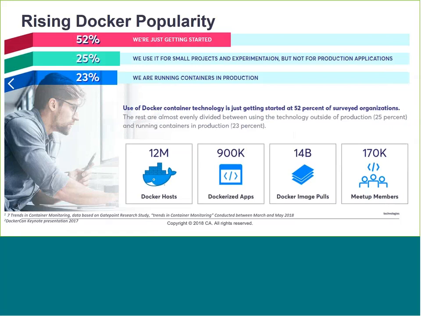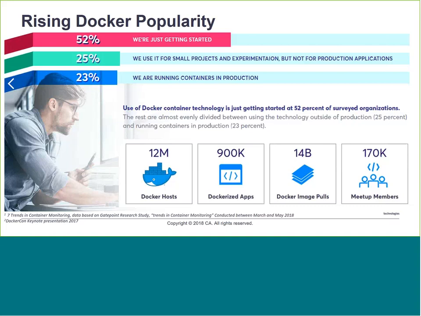For many of you on the phone, we did a survey of IT professionals to gauge where people are at in their adoption of containers. Interestingly, this matches Gartner's research: about 52%, or about half of the people surveyed, are just getting started down this path.